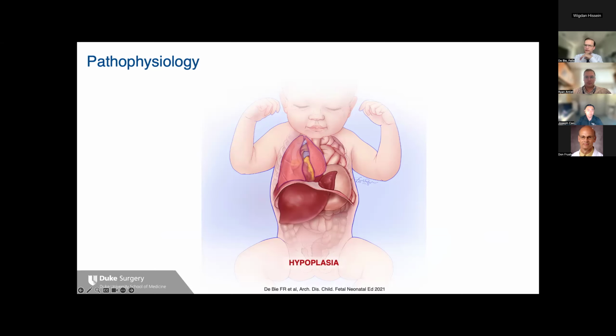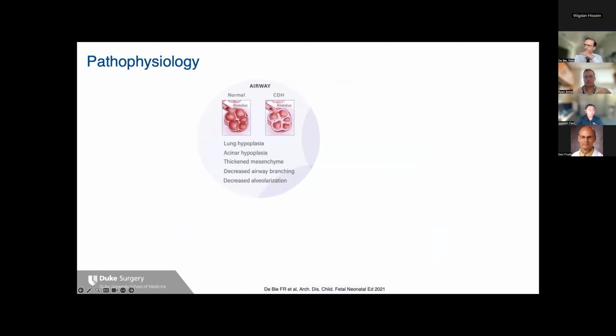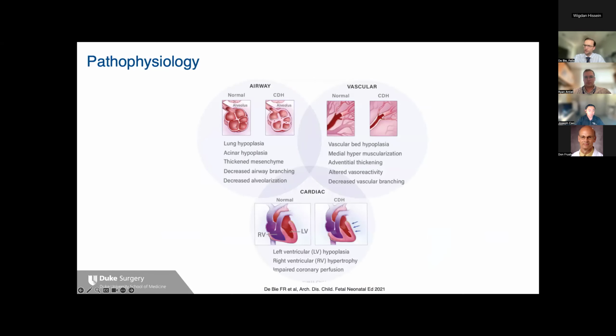which are by consequence hypoplastic. The pathophysiology of CDH is mainly a constellation of airway, pulmonary vasculature, and cardiac abnormalities. If we look at the airway, the lungs are hypoplastic, they're smaller, they have fewer alveoli, and the alveoli that are there are thickened and smaller in size. So there's less surface area of the alveoli that allows for oxygenation and ventilation.